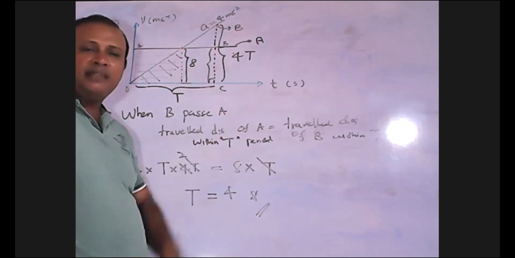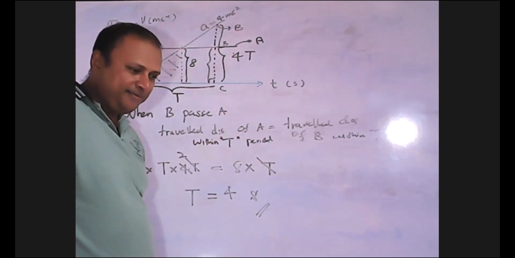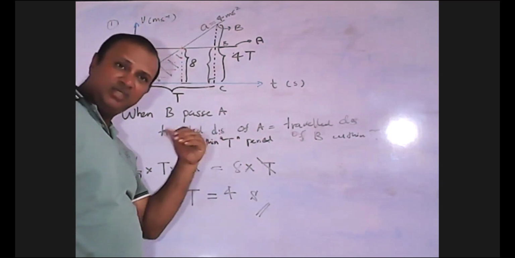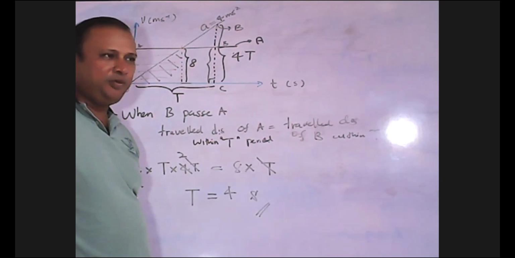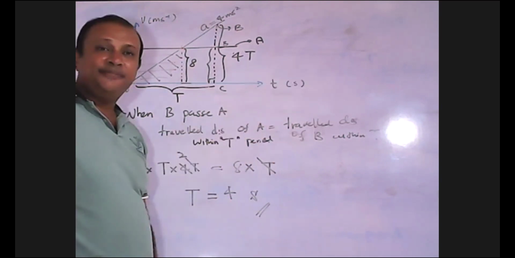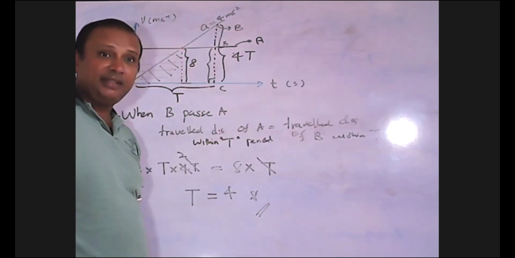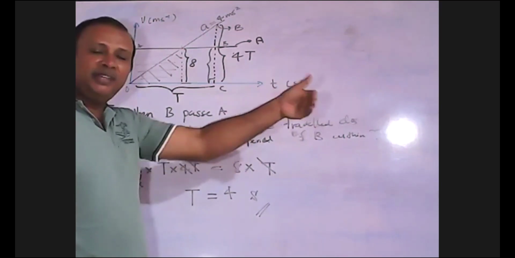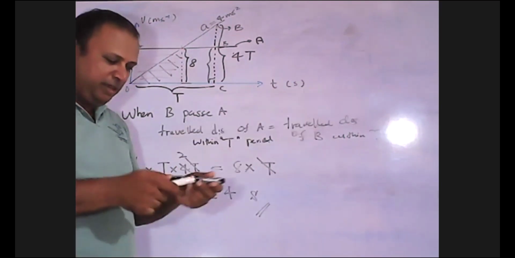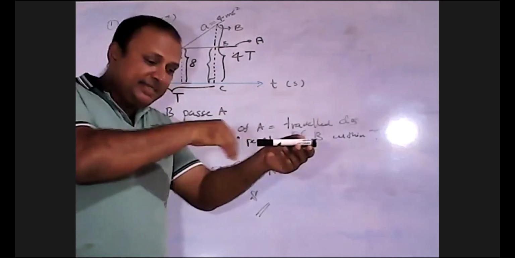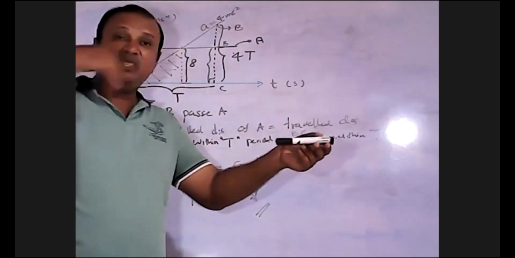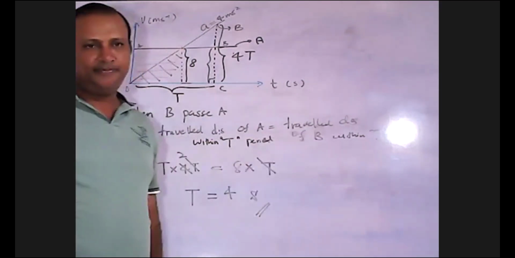When B passes A, definitely the displacement from the starting point should be equal, because both objects are at the same point at that time.